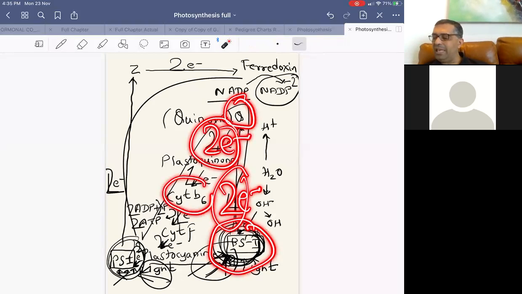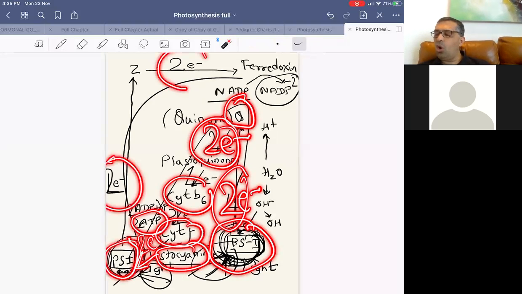And cytochrome B6 से cytochrome F से plastocyanine से PS1 2 electron has gone to PS1. And how many ATPs are formed? 2. 2 electron from PS1 has gone to Z and NADP has accepted 2 electron to become NADP minus 2.